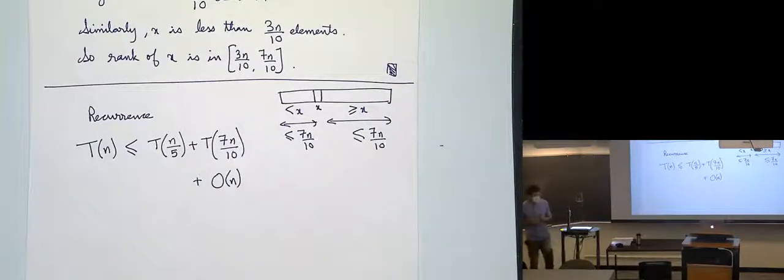So here's the magic. What is 1/5 plus 7/10? 9/10, which is less than 1. And so the thing is linear. Okay, so it's the magic of the constant.